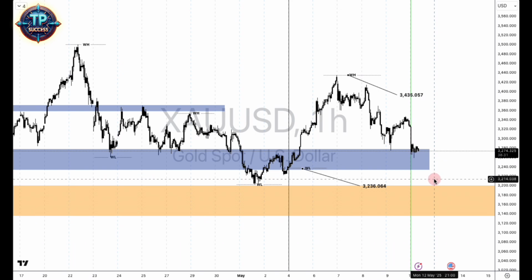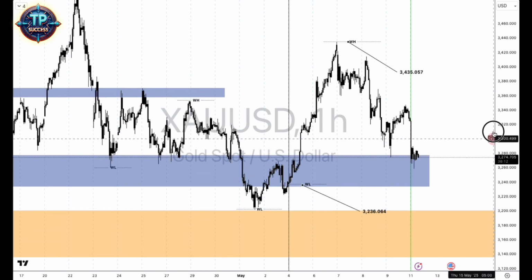Now, if price closes above that level, we are looking for moves in the corresponding direction, which is taking long positions. Now, as it stands right now, price is closer to last week's weekly low than it is to last week's weekly high.